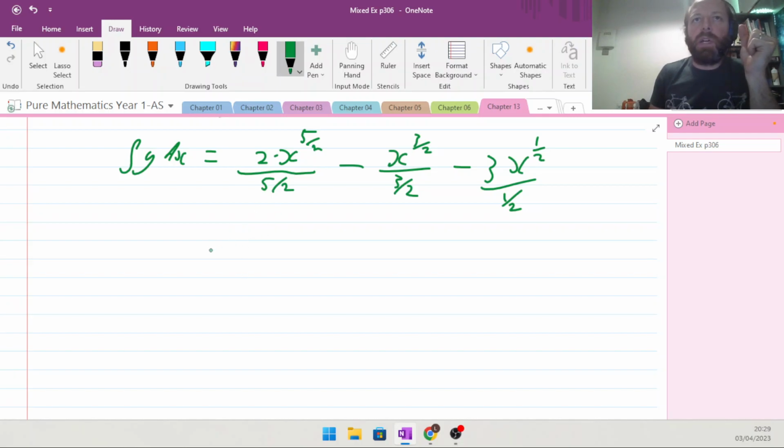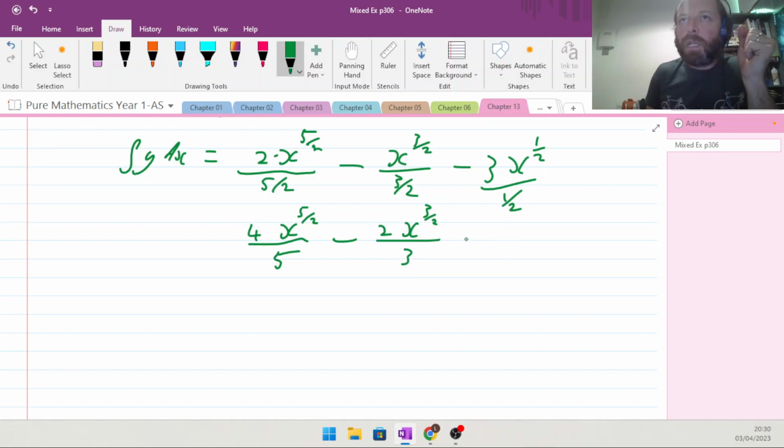So as we divide by that, basically we're going to flip the fraction round, so we're going to be 2 times 2 divided by 5, so we end up with 4x to the 5 over 2 over 5 minus 2x to the 3 over 2, you see the 3 over 2 here swapping over, here it is 2 over 3, minus, and again this one flips over, 2 times 3 is 6 over 1, x to the half equals the integral of y dx.